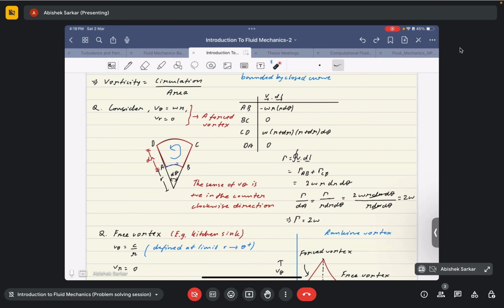But since we are considering a dot product, and the velocity component v theta is perpendicular to this particular line element, even though it has a finite magnitude, the net product of v dot dl along this line element would be 0.